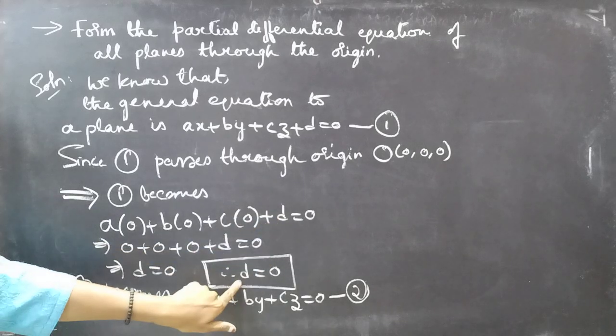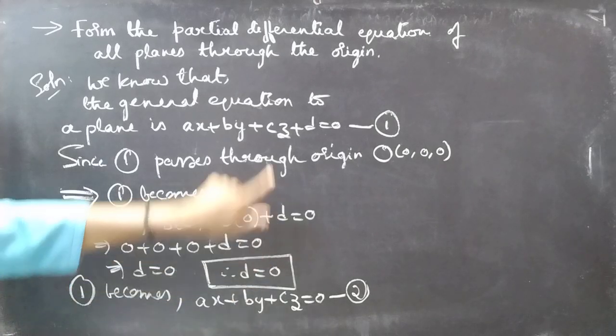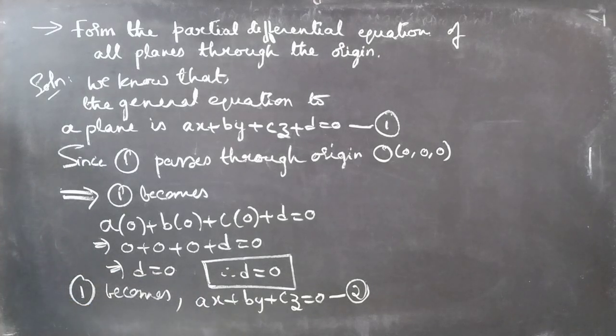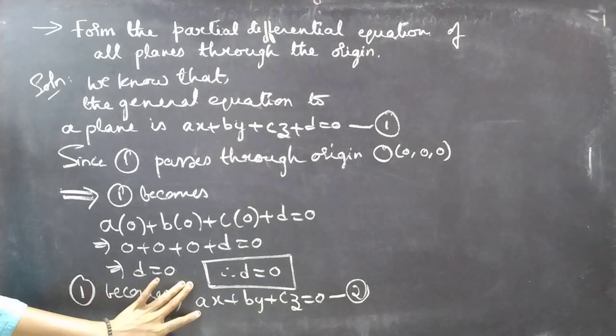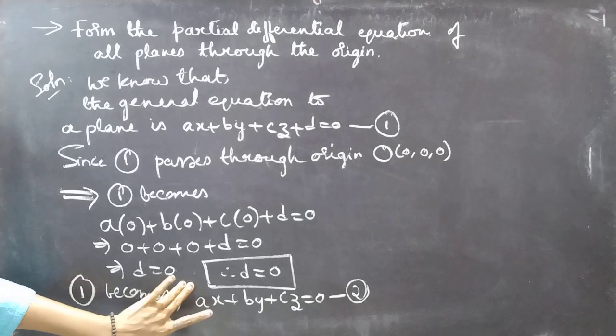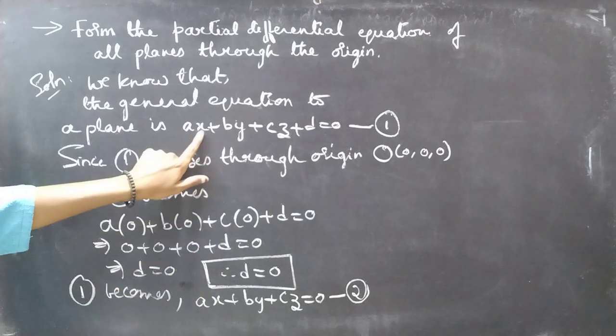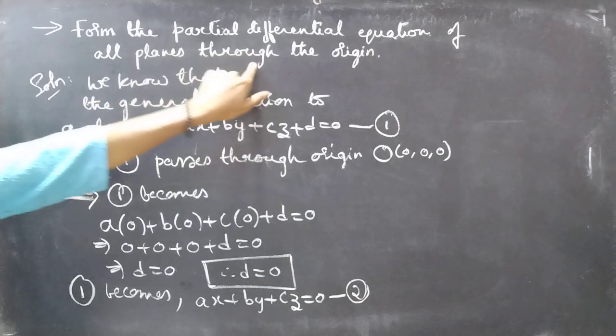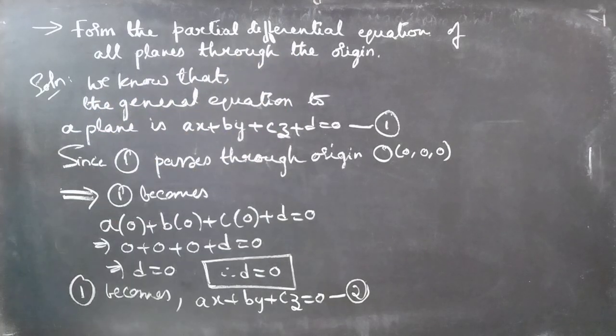From this we got the value of d. By substituting it, we get this equation. Now from this equation only we need to find the partial differential equation, not from equation 1, since we are given that all planes pass through the origin. Fine. Now coming to the problem.